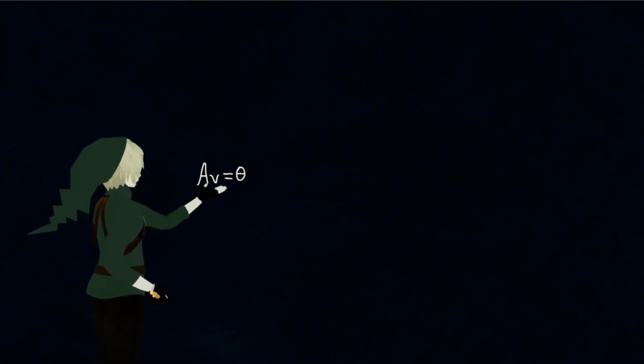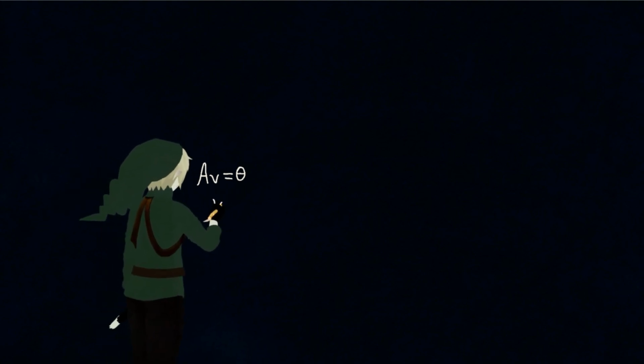Or, to put it in a better perspective, whenever we have a system and we turn it into a matrix equation, like this, right? We turn a homogeneous system into a matrix equation, and we have our vector here.